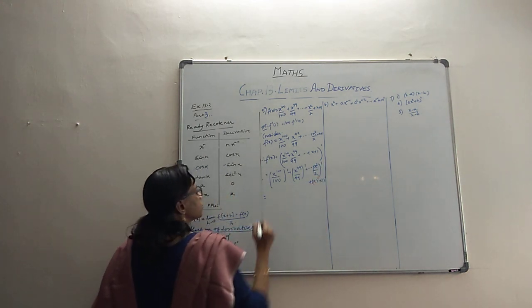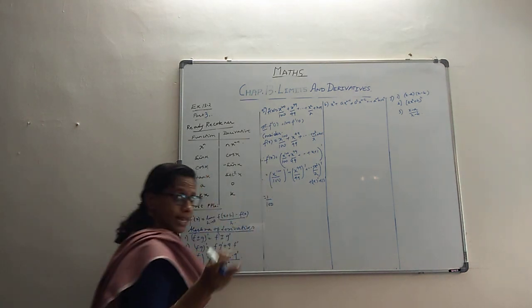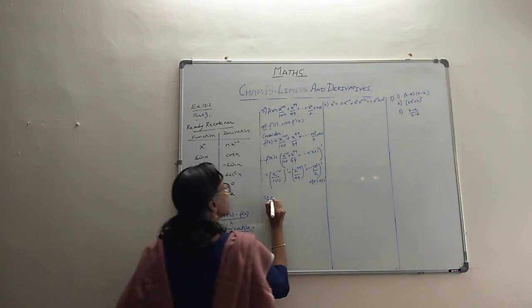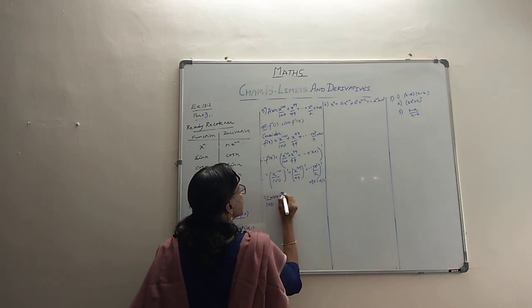So let's find out the derivative one by one. 1 by 100, let it stay here. We know for x raised to n, the derivative is n x raised to n minus 1. 100 minus 1, 99.